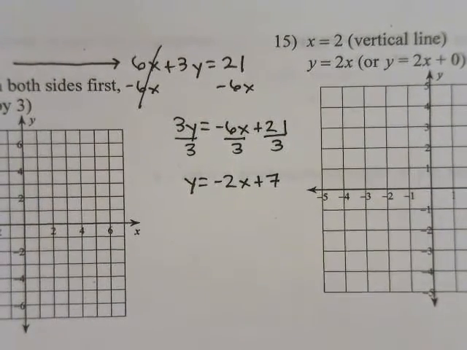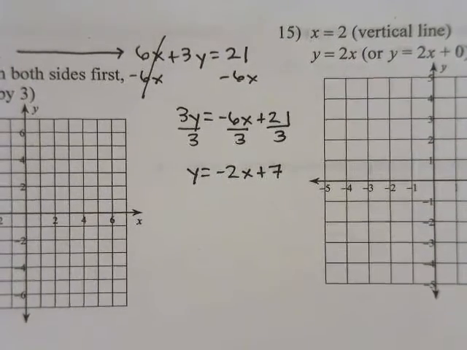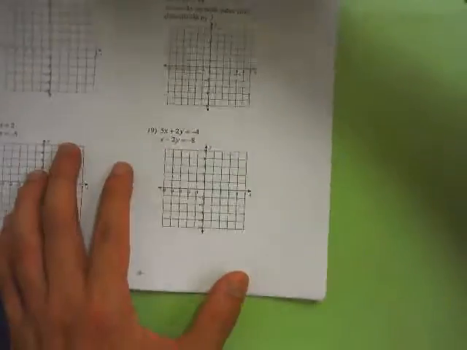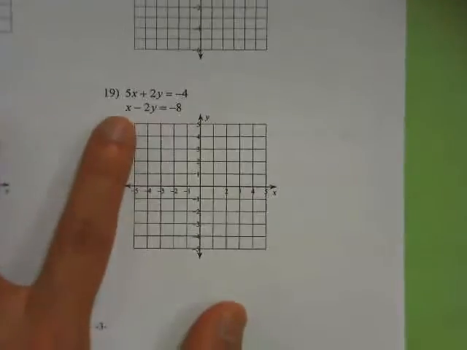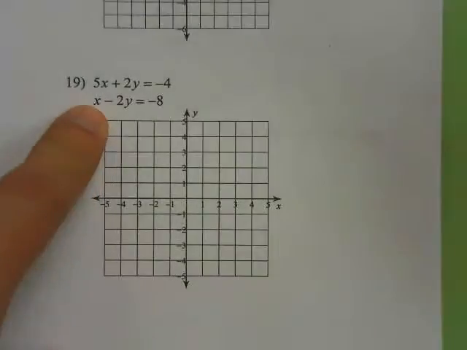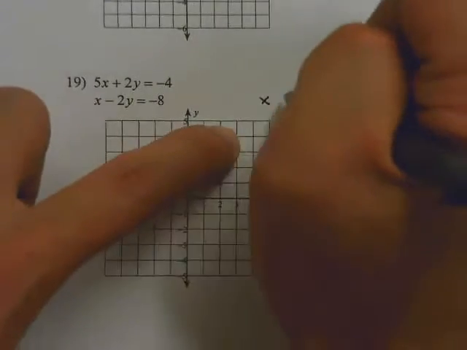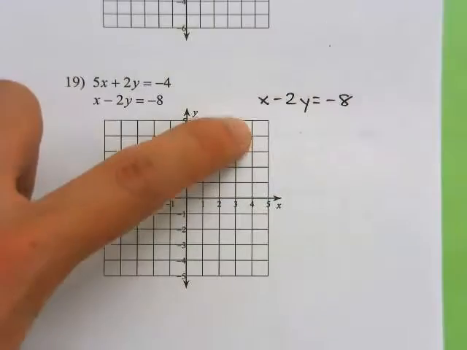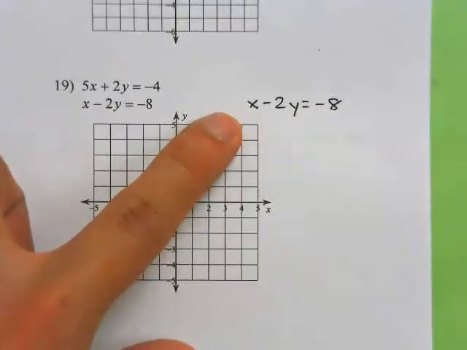Okay. I definitely want to do number 19 with you guys. So now let's jump all the way to number 19. I want to do the very bottom of number 19, this one, x minus 2y equals negative 8. x minus 2y equals negative 8. Okay.